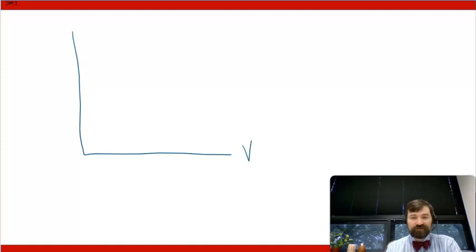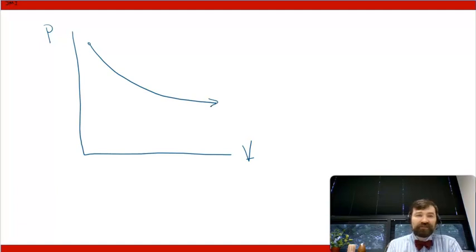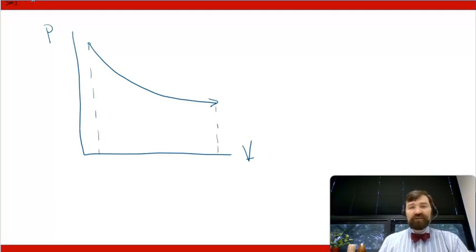So here's again volume, here's again pressure, and maybe for some reason in the process that we're undertaking, we end up with an arrow like this. It's still okay to figure out the total work done by taking the area under this curve, but that's a little bit hard to do algebraically.